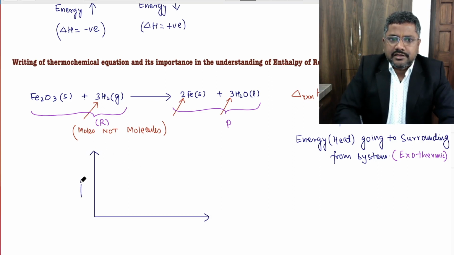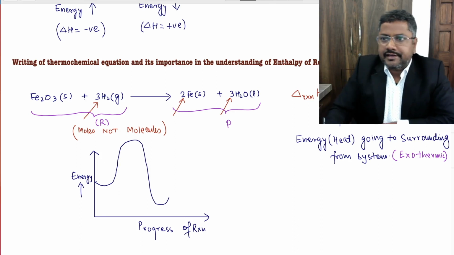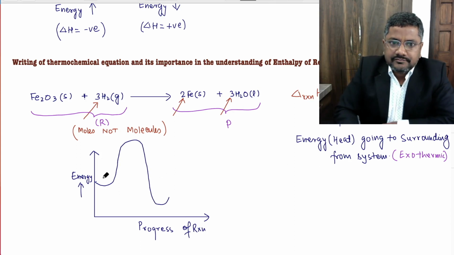This is energy, and this is progress of reaction. Here reactants are here, and products are here. Products have this average energy, and reactants have this average energy.